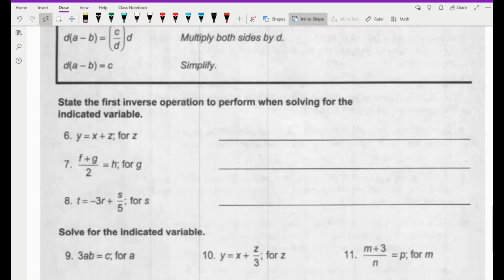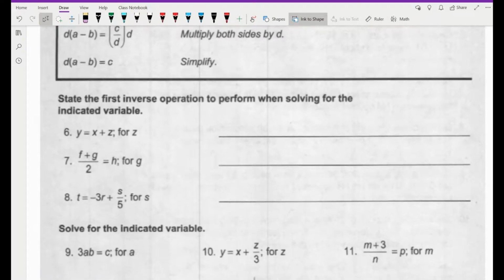Let's go ahead and solve the homework problems. It says here, state the inverse operation to perform when solving for the indicated variable. Well, to solve for z, right now it's x plus z. We're adding x to z. So we need to subtract x. So the inverse operation will be subtraction.